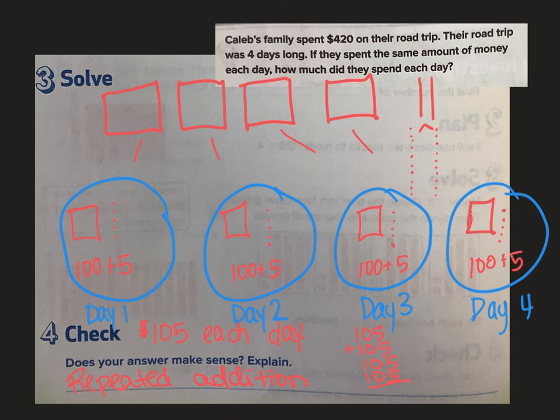If I count my 5s, 5, 10, 15, 20. And the 100s, 1, 2, 3, 4. $420. Repeated addition, check. Checks out. So we're good to go.